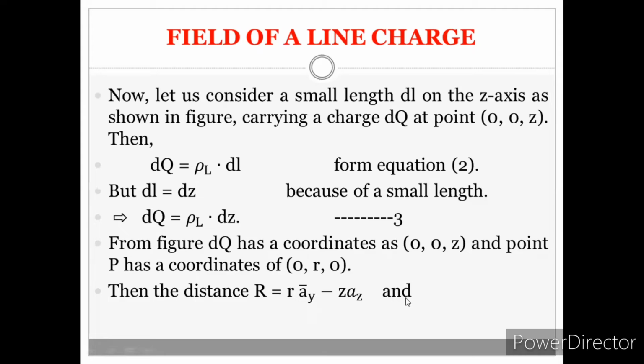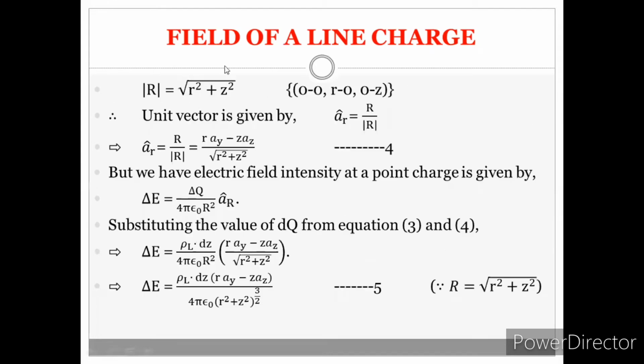As we know, the distance is calculated as the difference between the two points. So the x component is 0 minus 0, there is no value, then r ay, and 0 minus z gives minus z az. So this is the distance vector from the small differential element dq to the point P.